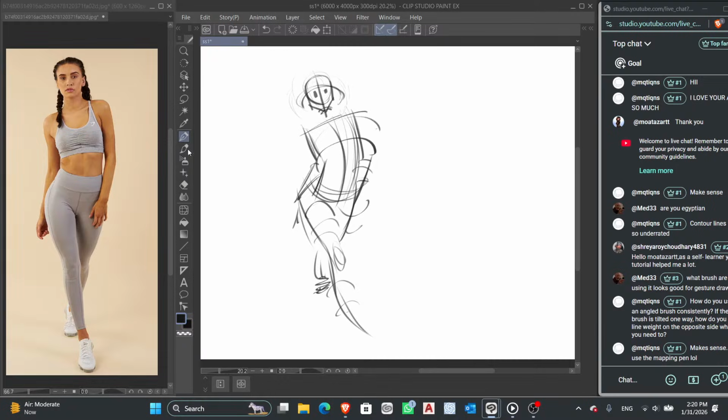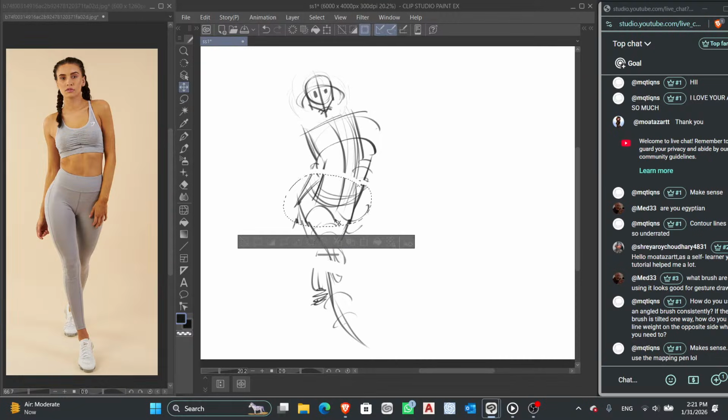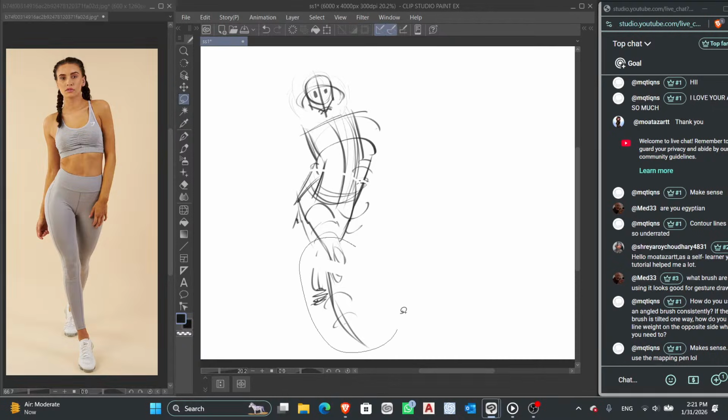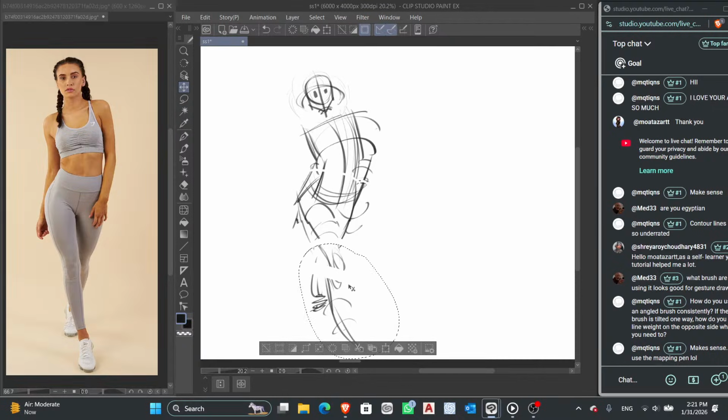It looks so messy, but it gives me just a starting point to show me if something is incorrect, like if this one needs to go a little bit down, if I need to adjust the proportion, I'm adjusting from here.